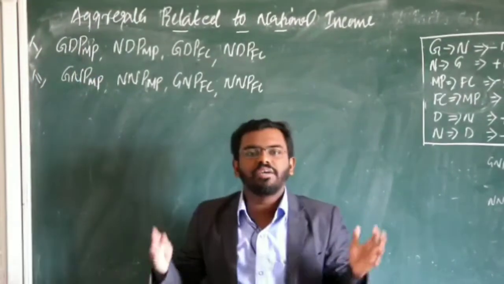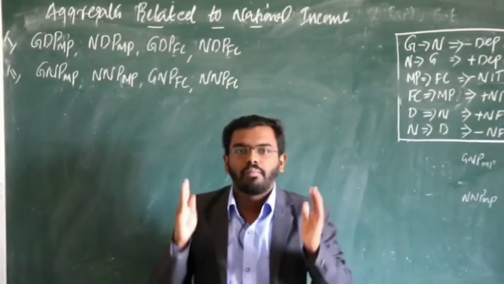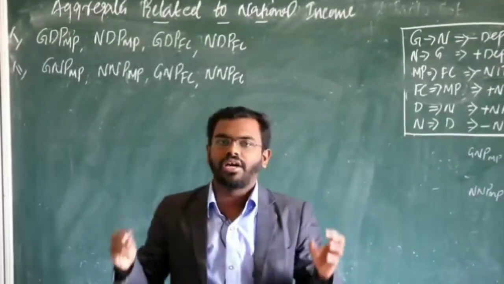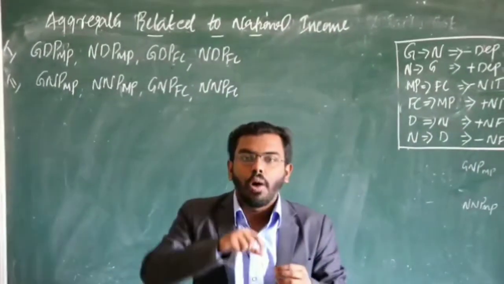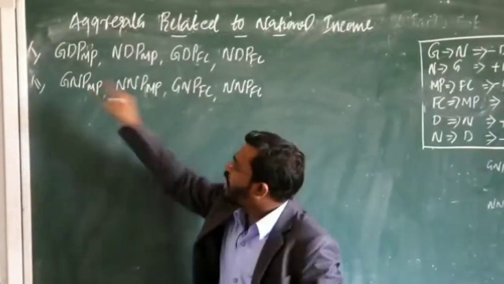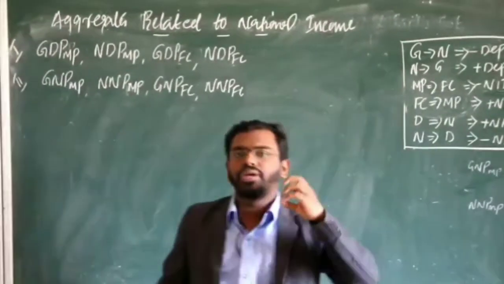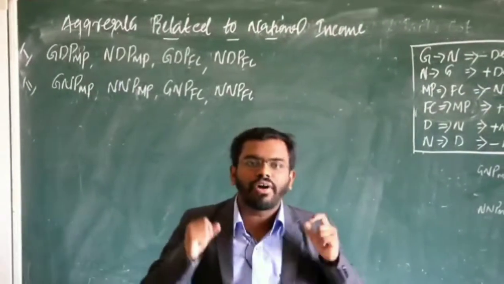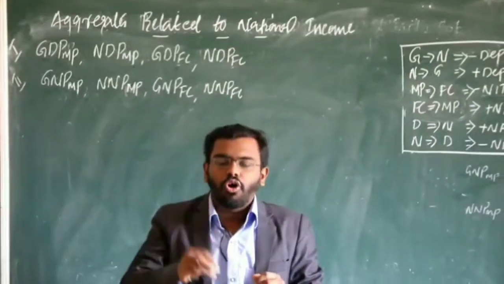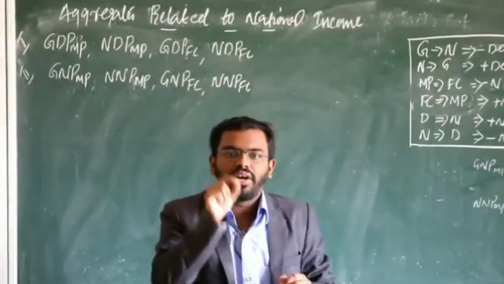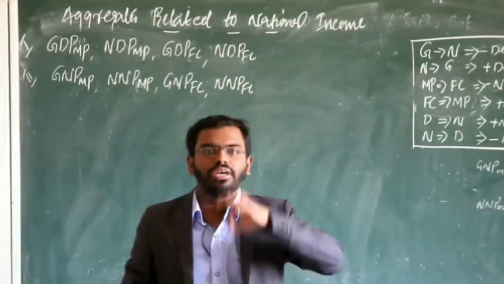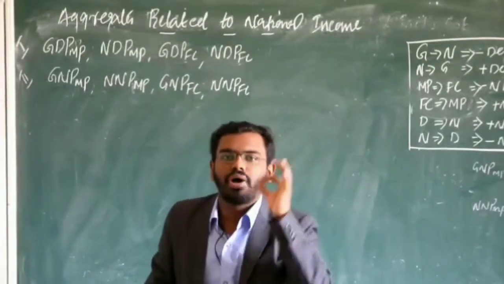So what is GDP-MP? GDP-MP is the money value of all final goods and services produced in a country during a year, or within the domestic territory during an accounting year. Then what will be GNP-MP? GNP-MP is also the money value of all final goods and services produced within the domestic territory of a country during an accounting year, along with net factor income from abroad.